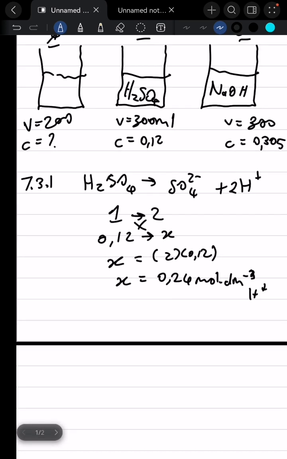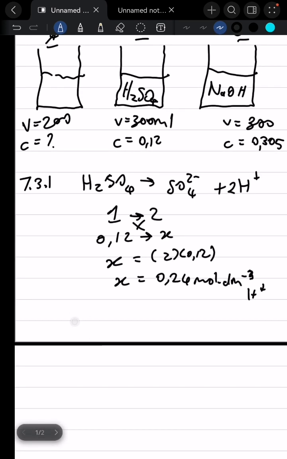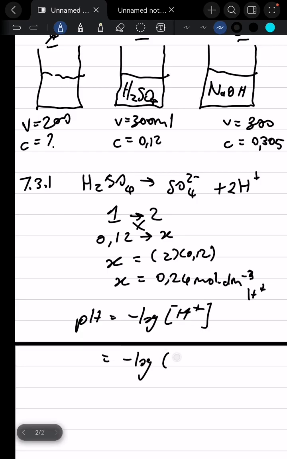Therefore, now we can calculate the pH. pH will be negative log of the concentration of your hydronium ions. Should be negative log, substituting 0.24. Substituting that into your calculator, one moment. Negative log of 0.24 gives you a pH of 0.62.